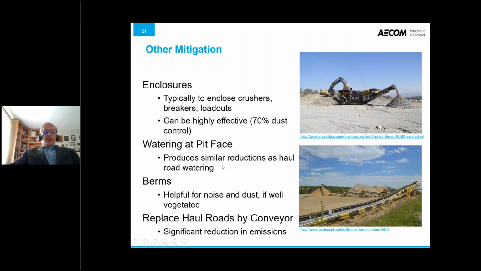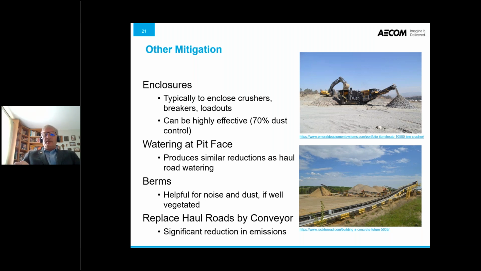Berms: they build berms like 6 meters tall around the gravel pits, not only because nobody wants to see what they are doing there, but also to help with noise and dust. And it's good if they are well vegetated.